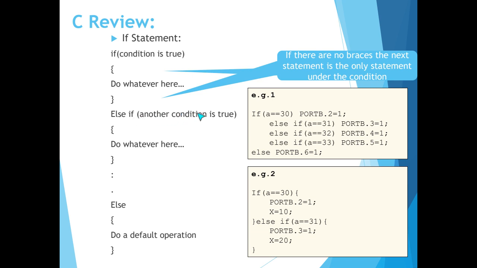If the else if condition is true, then the body of else if is executed, and if not, the else term is written and does the default operation, meaning that this statement is executed by the compiler.